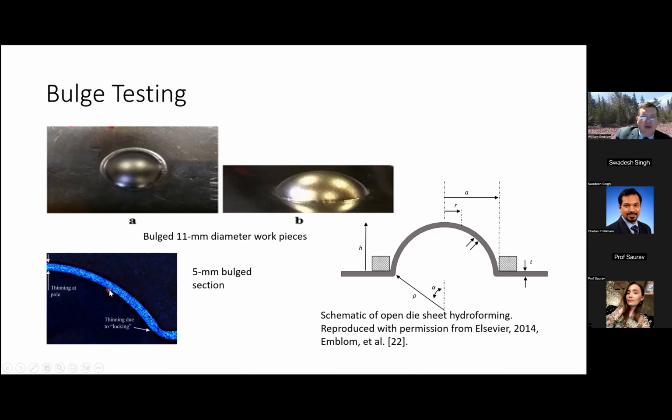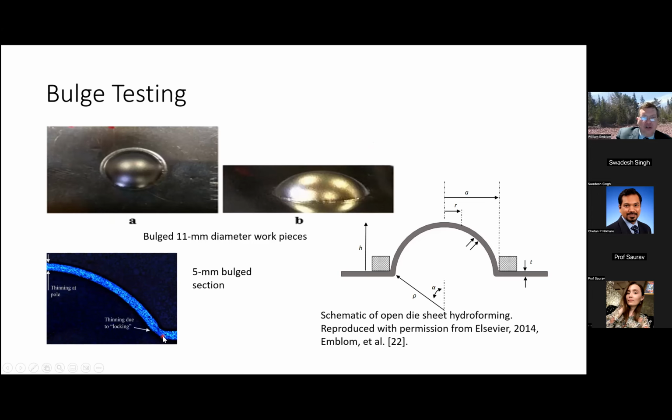We also looked at a cross section, because Marciniak's and Benedict's methods assume that the maximum thinning occurs at the pole of the bulge. In fact, we did find that the pole is where the maximum thinning occurred.